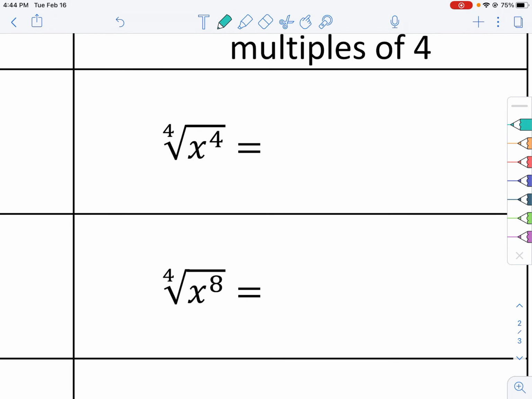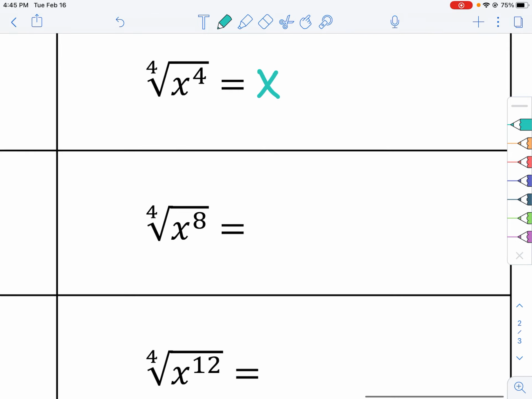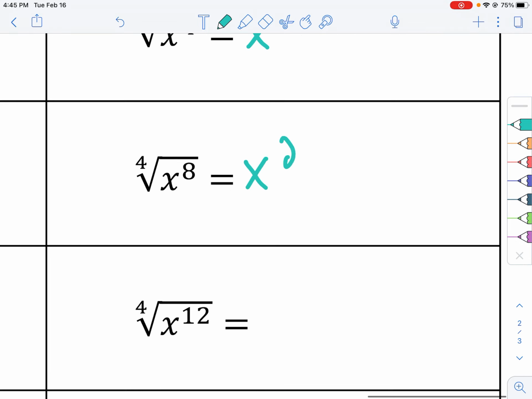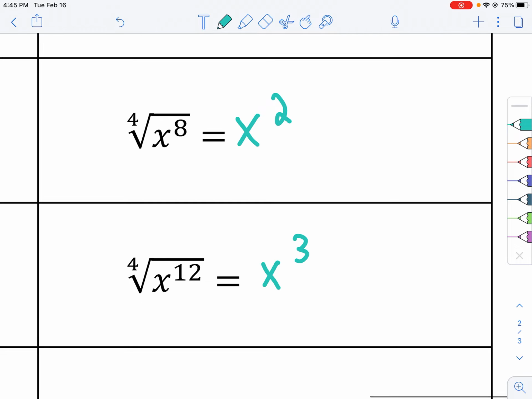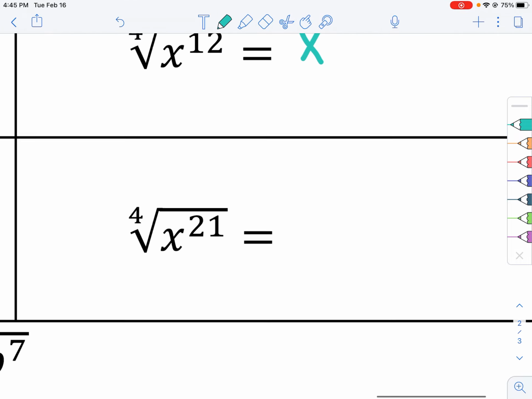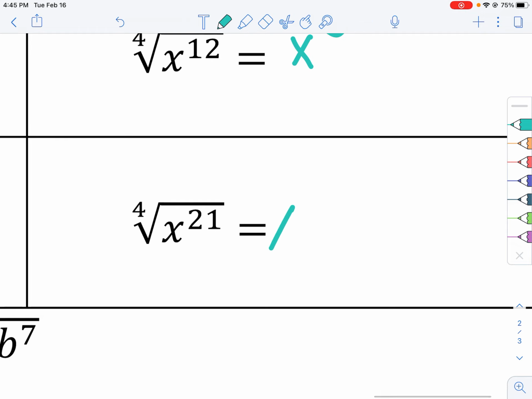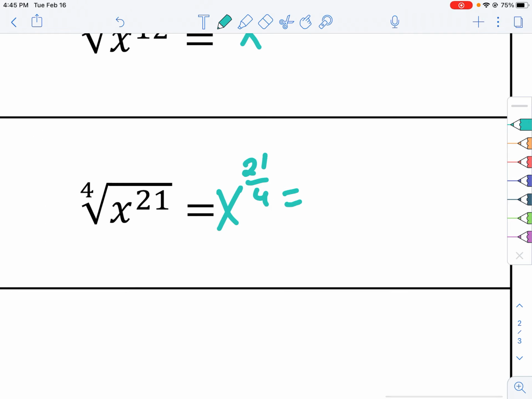Alrighty, last one here. So the 4th root of x to the 4th is going to be x. This is going to be x squared, x cubed, x to the 21/4. You could think about it like this if you're struggling with the other method. X to the 21/4 in fractional form would be x to the 20/4 multiplied by x to the 1/4.